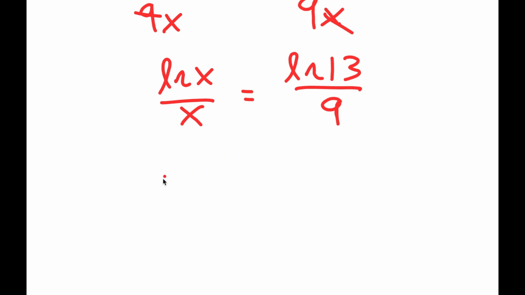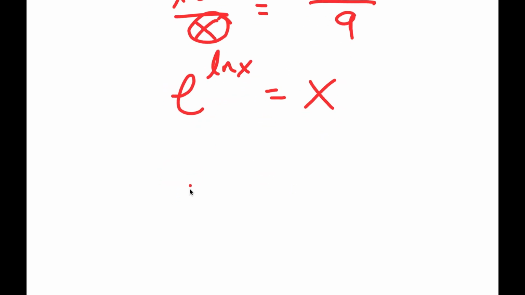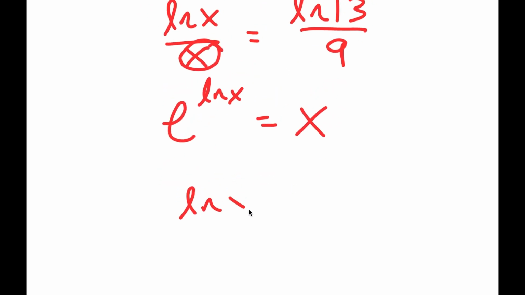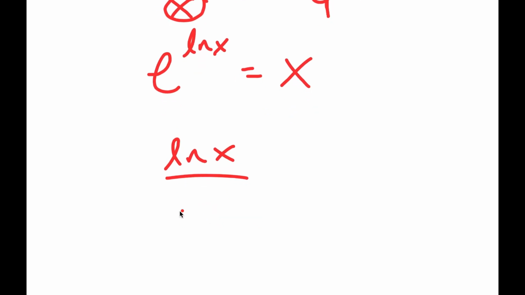So now, recall that if I have something in the form e to the power of ln x, this is simply equal to x. So what I'm going to do is rewrite x here as e to the power of ln x.